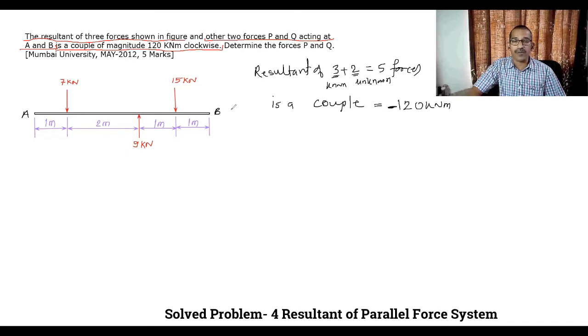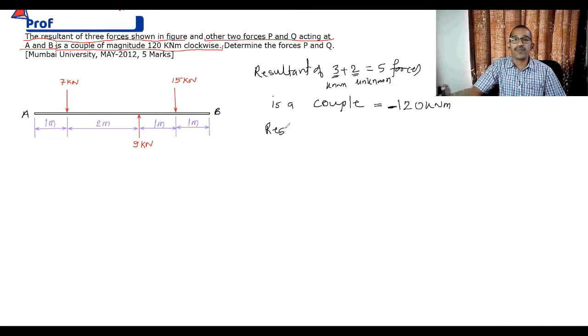That means the resultant force must be 0. Otherwise, that should be given in the problem, like the resultant of these 5 forces is so and so Newton upward or downward, and there is a couple. So there is a resultant couple and not a resultant force. That is the meaning of that line.